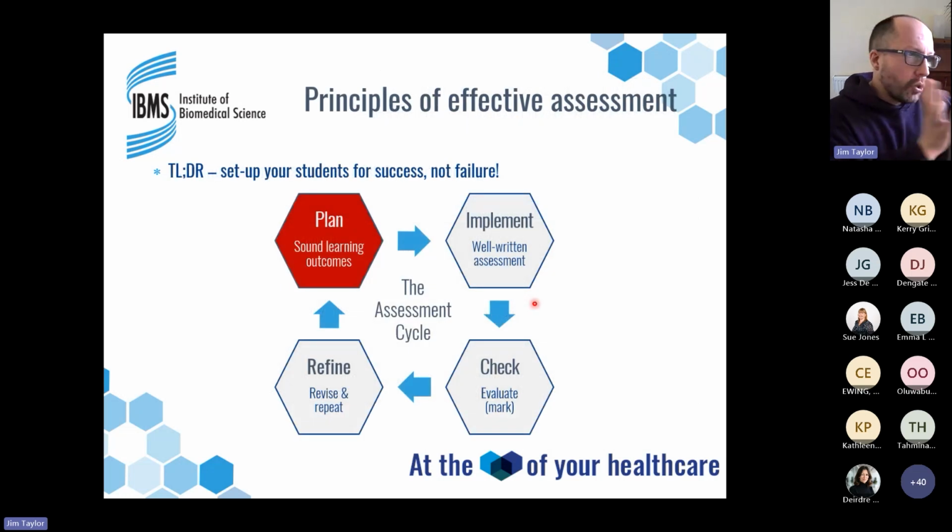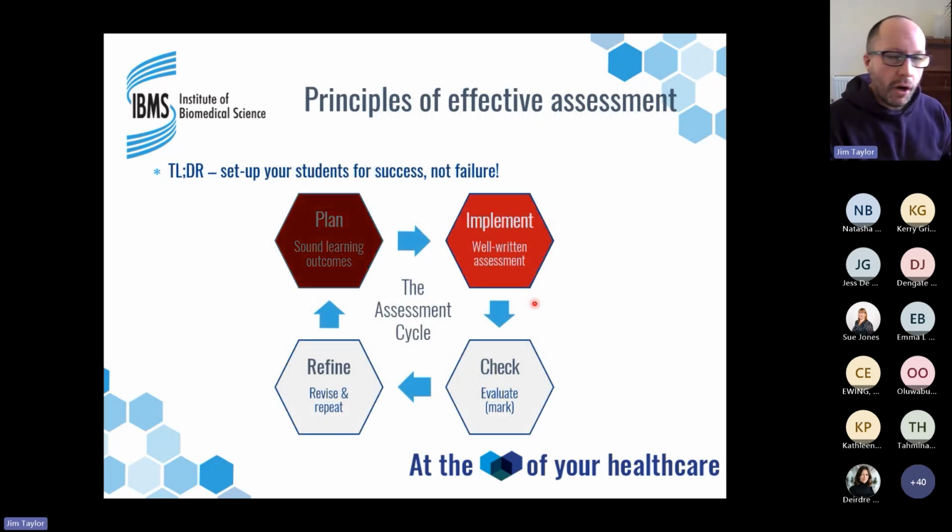So that's just a quick summary of learning outcomes, learning objectives, and the differences between the two. Getting the learning outcomes right means that when we implement the teaching, the learning, and ultimately the assessment, we're producing well-written assessments that assess in a valid, reliable, fair, and impactful way.